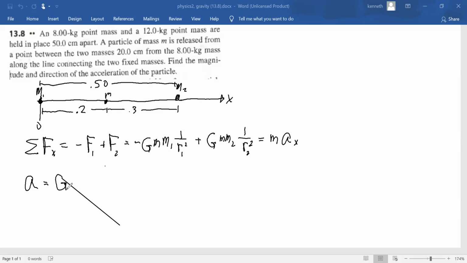The m cancels out, the mass of the particle cancels out, so that's G times M2 over r2 squared minus M1 over r1 squared. And now we can put in the numbers.